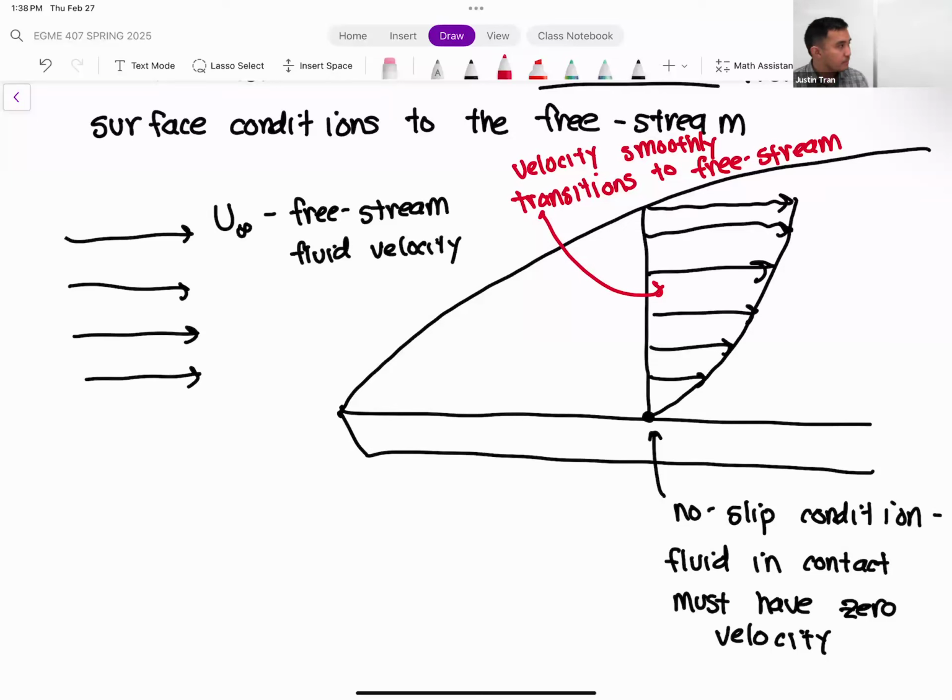That's one of the most important parts of boundary layers: this transition has to be smooth.